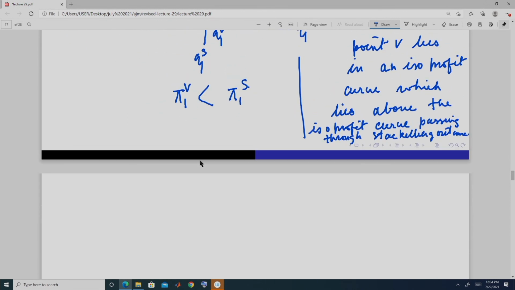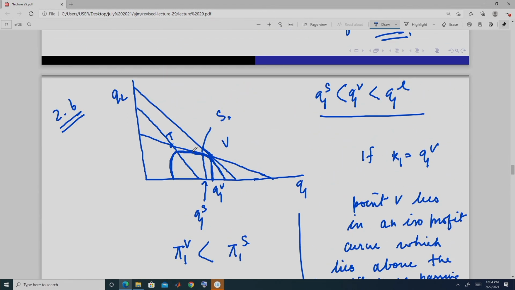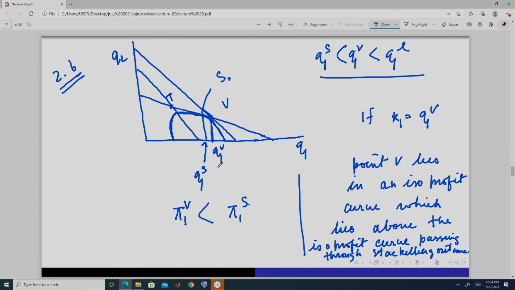Now, because of this, if K1 is equal to Q1S, this capacity is this.